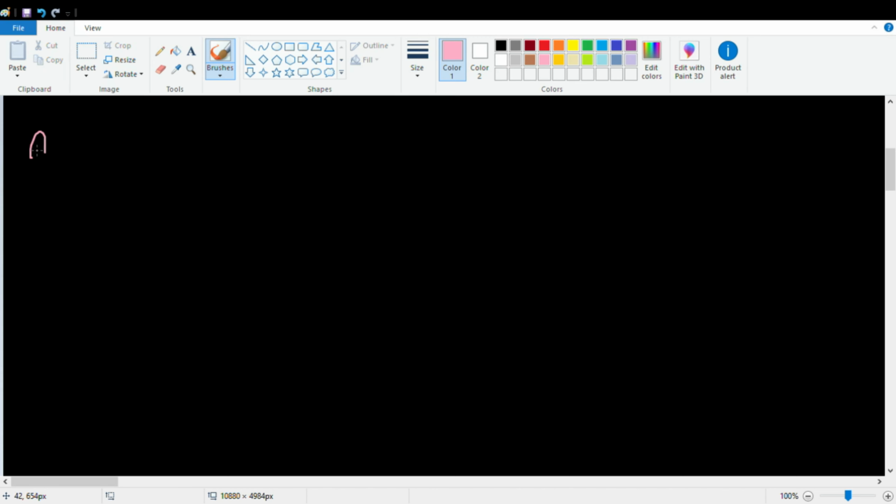Let's say I have a vector A and a vector B. Vector A is this. We're not going to give it a magnitude yet. We're just going to say this is northeast, or up to the right, and this is vector B.